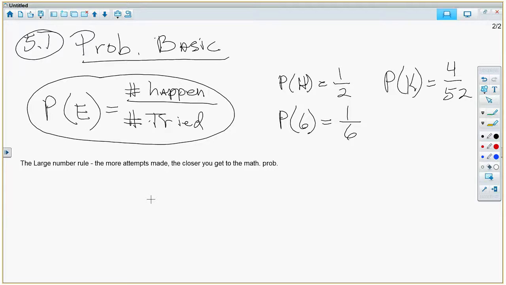They typed in 50 times, flipped it 50 times, and it matched. And they found out through that computer program that it would take almost 100,000 flips for you to get the 1/2, the 0.5.